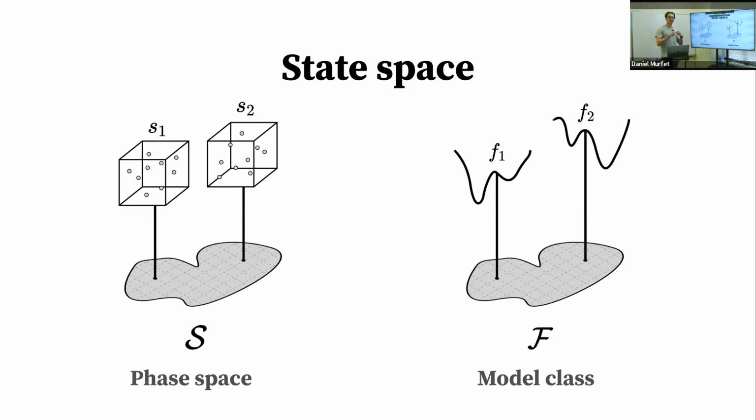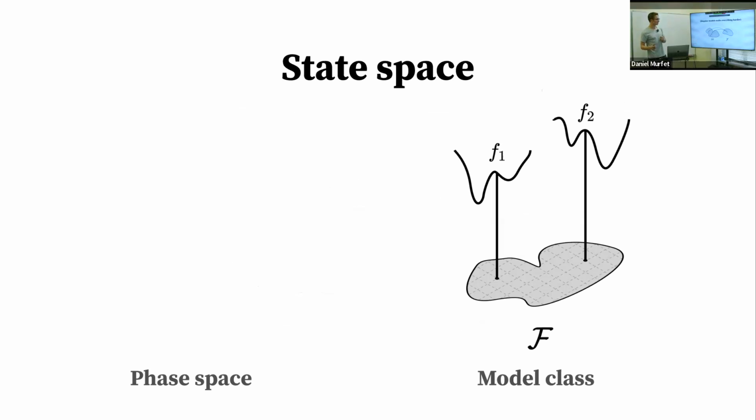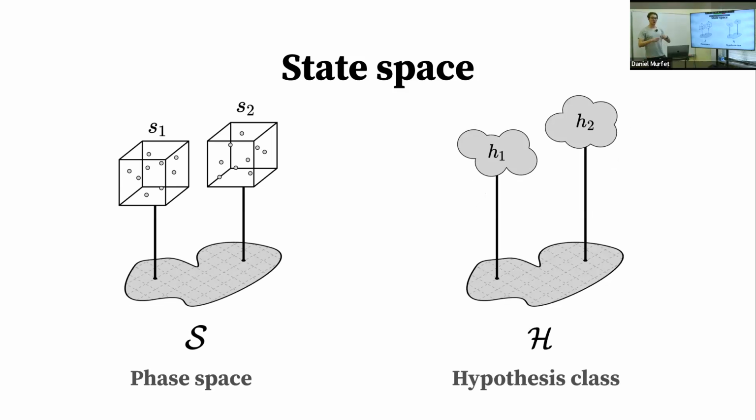You can think of the actual functions being implemented as a different notion of microscopic state. And this is where things get complicated with singular models, where the mappings are not one-to-one from weights to functions, which makes things nastier still. Or in the most abstract sense, if you really want to take the high-level Bayesian view, you can talk about a space of hypotheses, with the hypotheses being the microscopic states.